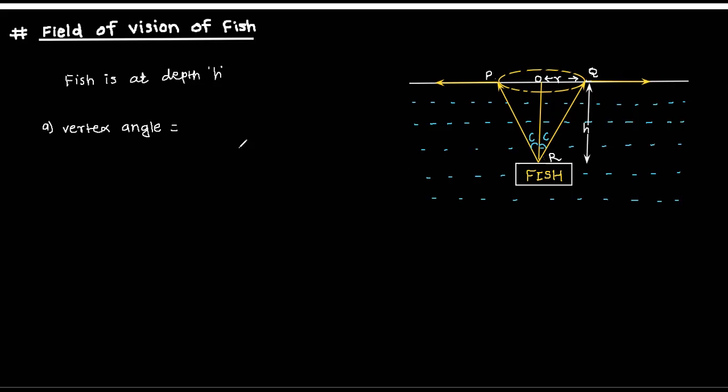Can you see C plus C? How much is that? 2C. So this is vertex angle 2C. Next one.